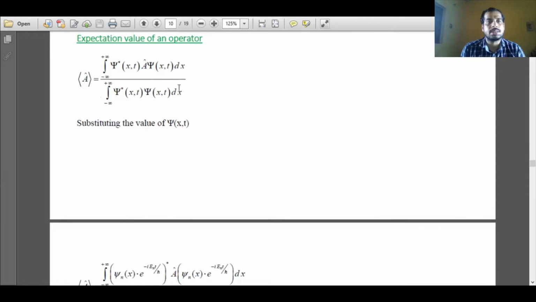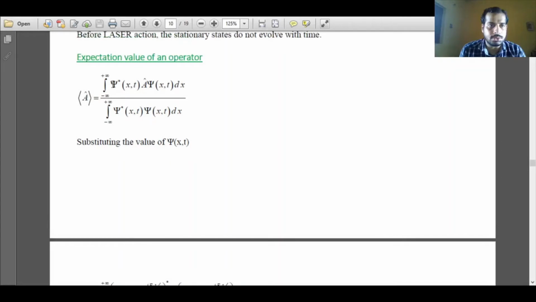Now the operator is there only in the numerator and is absent in the denominator. In the denominator, since I have taken the complex conjugate, minus i becomes plus i, so the exponentials multiply to give 1. I am left with psi_n star(x) psi_n(x) dx.